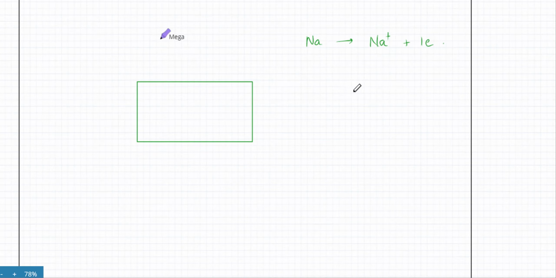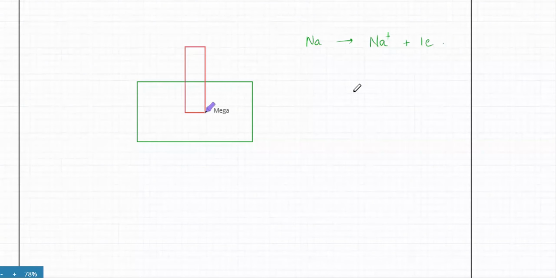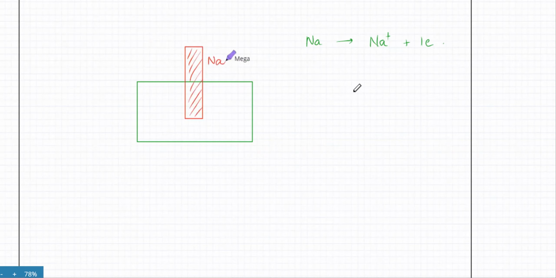What you're going to do is take a piece of sodium and place it in a beaker. Here's your big chunk of sodium, and you're going to place it in a solution that contains sodium ions in aqueous state. Now we exactly know what sodium would do.